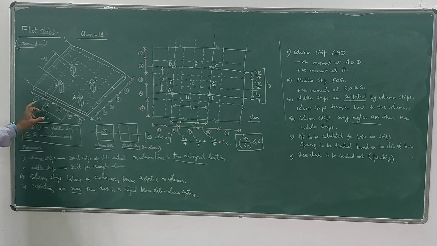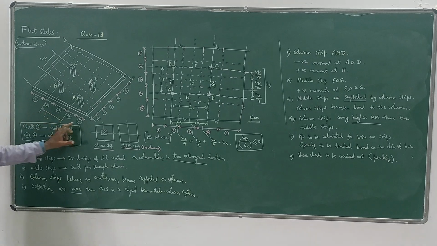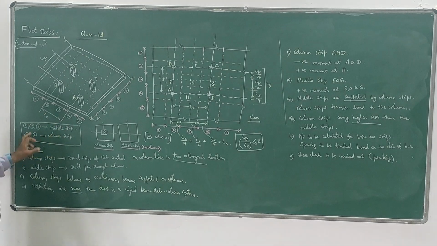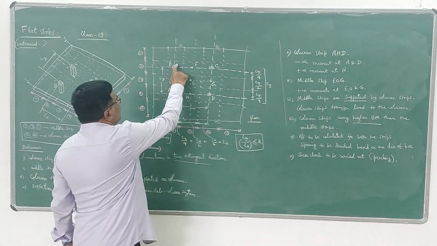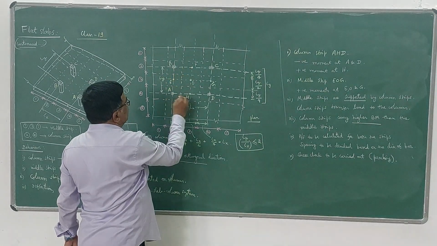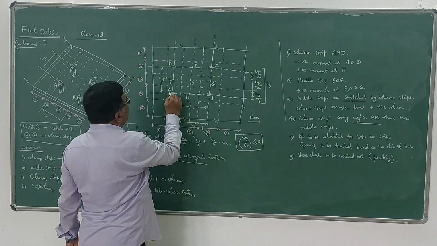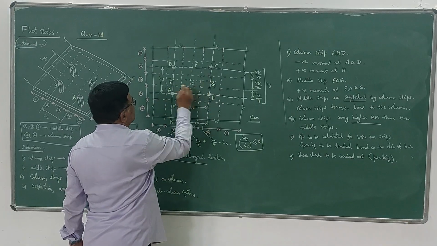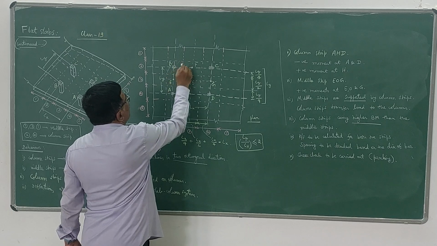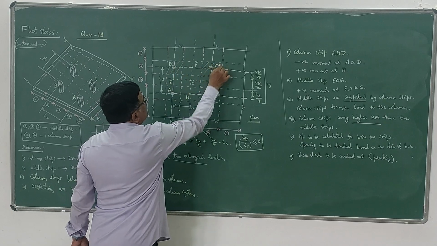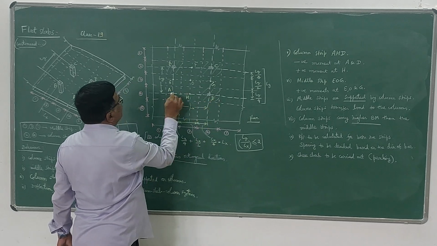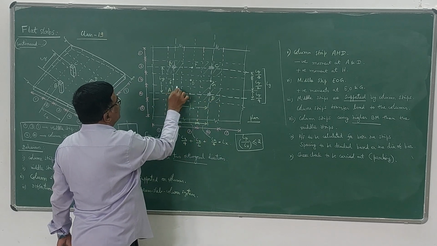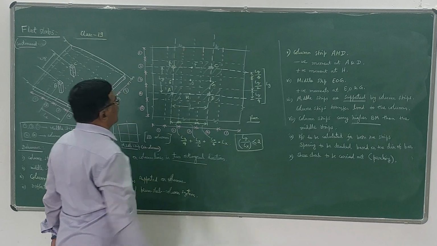Among these 5 divisions, 1, 3, 5 are called the middle strips. 2 and 4 are called the column strips because they contain the column. That is why they are called column strips. So this is a column strip, this is a column strip, this is a column strip, like this, along the entire length.